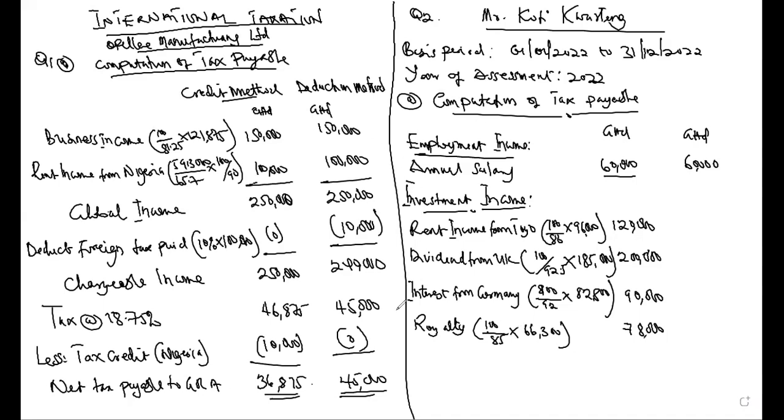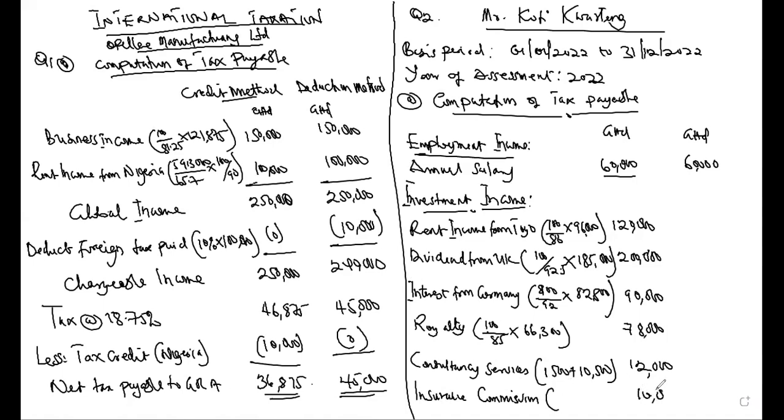So let's add the consultancy services. That'll be 1,500 plus 10,500. This will give us 12,000. Then the insurance commission will be 10,000.